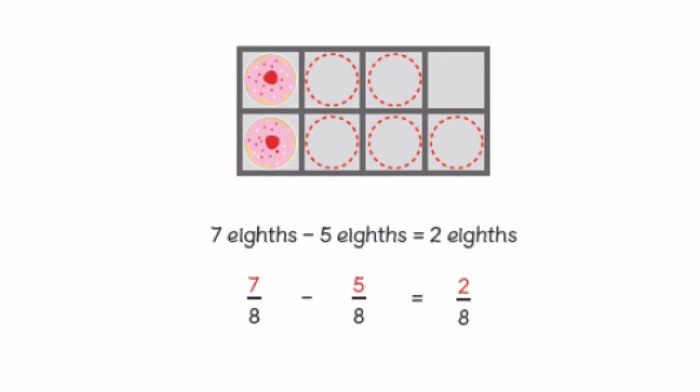Remember, when we're subtracting fractions with the same denominator, we can just look at the numerator. Just like we did 7 cupcakes take away 5 cupcakes, which left us with 2 cupcakes at the start, we can also say 7/8 take away 5/8 leaves us with 2/8. The denominator does not change.